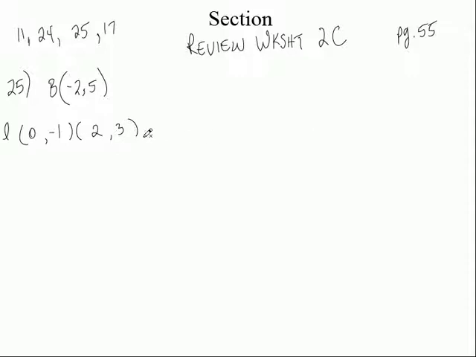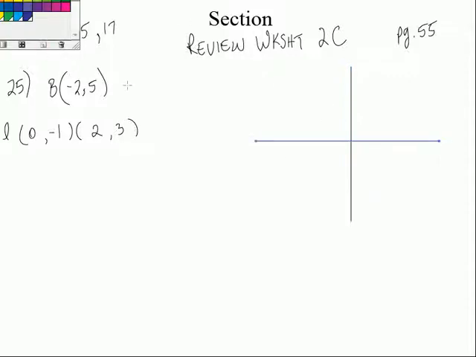So what we're going to do is, if you want to, you could graph it. Let's just do a little rough sketch of this graph and see what's going on. So negative 2, 5, negative 2, positive 5, be around in here somewhere.